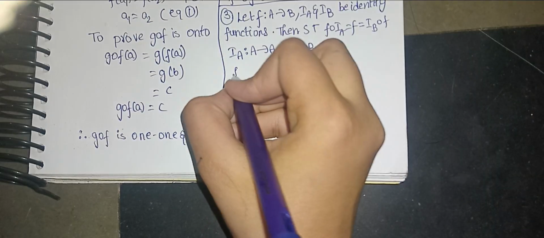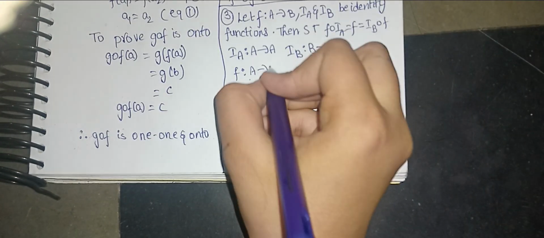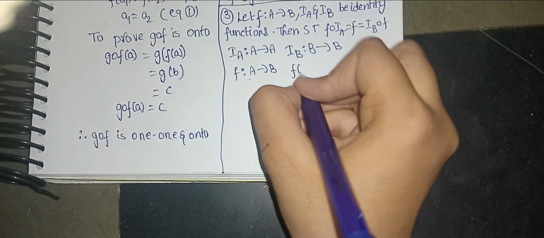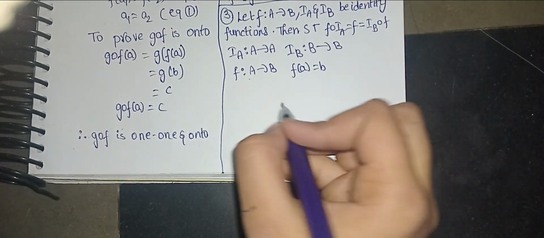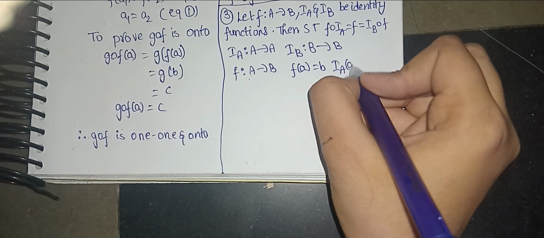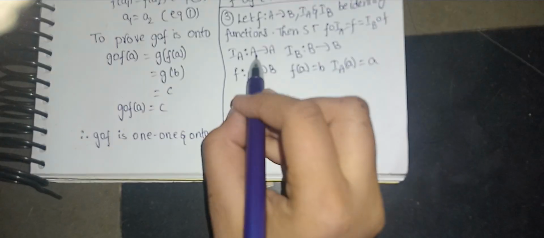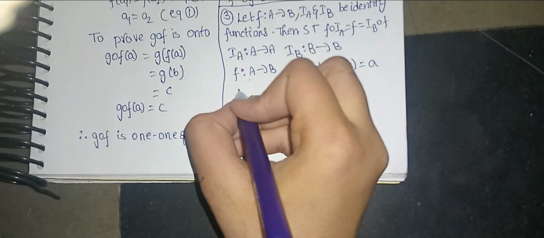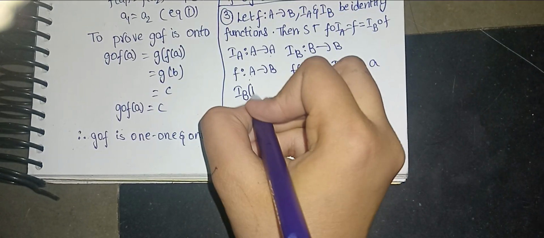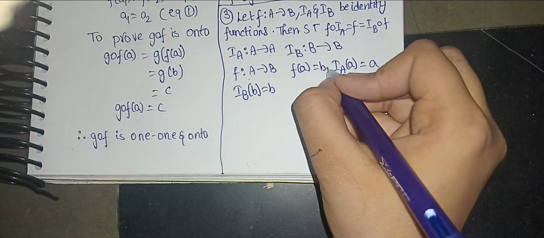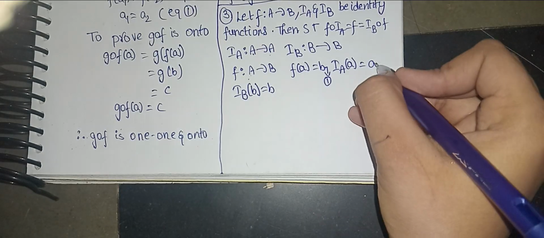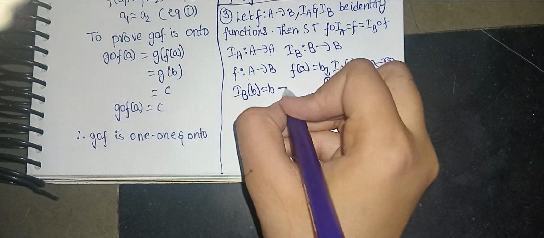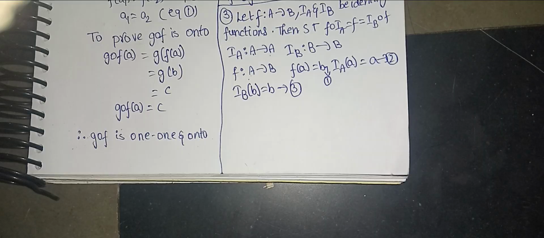Okay, f is A to B function. Means f of a is equal to b, input is a, output is b. I of a is equal to a only because input and output are a only. I of b will be b only. This is first equation, second and third equations.